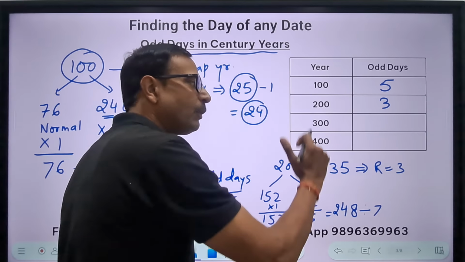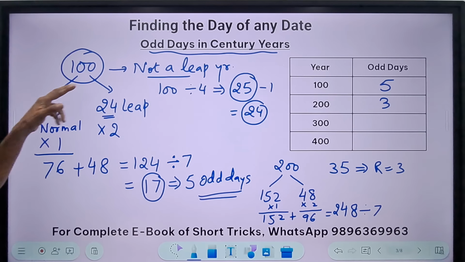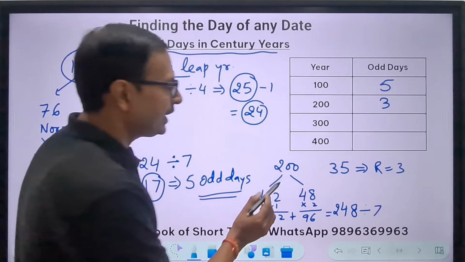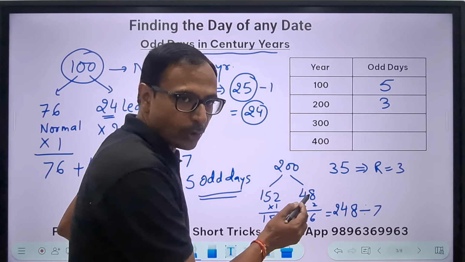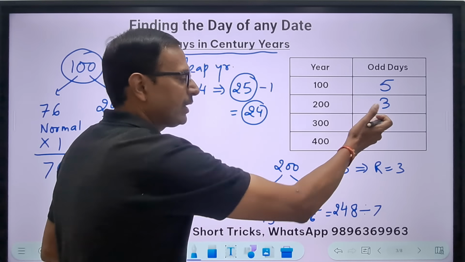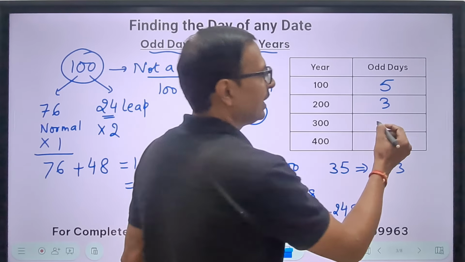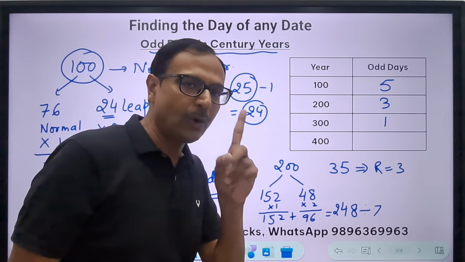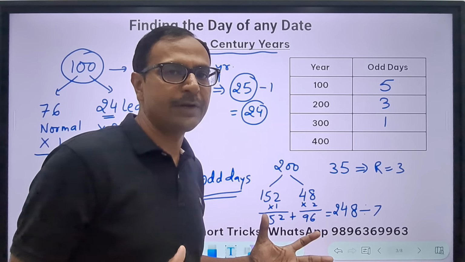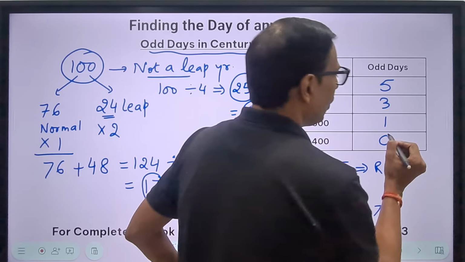So likewise you can keep on filling this table. For 300 years, if you do the same procedure just like what I did here, 300 is again not a leap year, so you will be increasing the number of leap years by 24. So in 300 years it will be 72, and then you can find the total number of odd days like this. You will find that 300 years have just 1 odd day, and when it comes to a group of 400, the first 400 years, you categorize this and check, you will have 0 odd days.